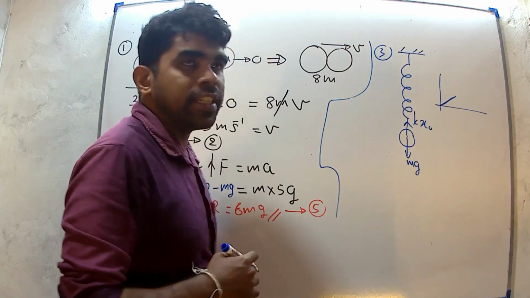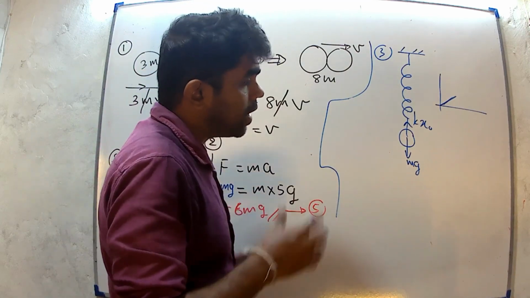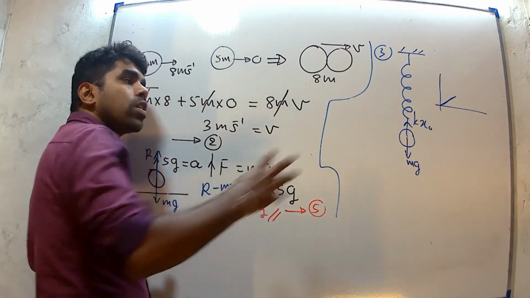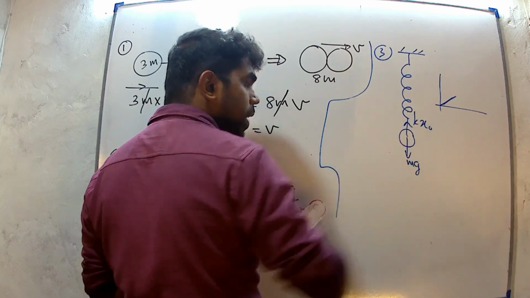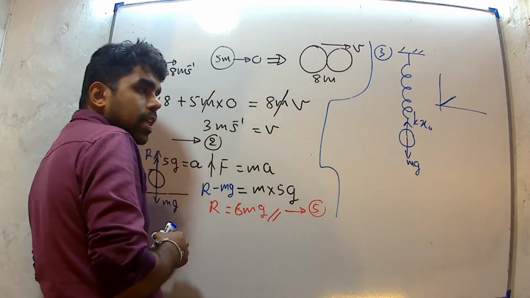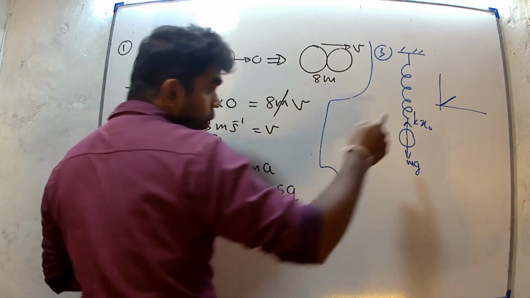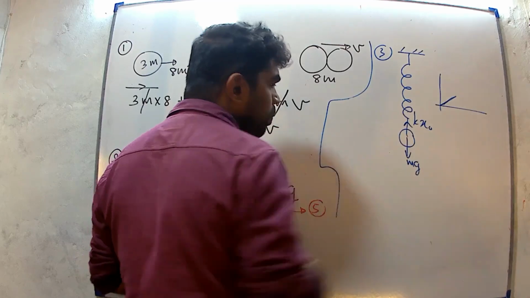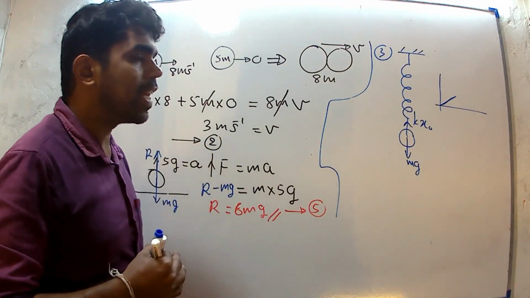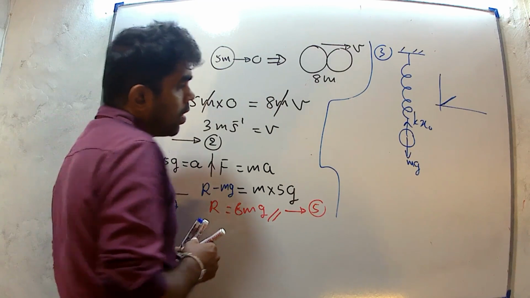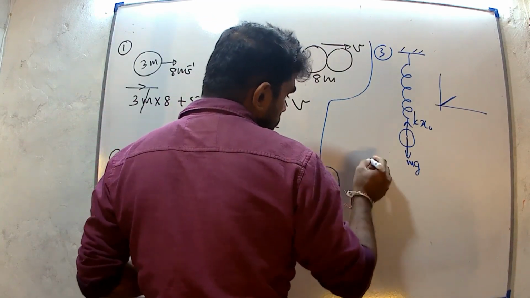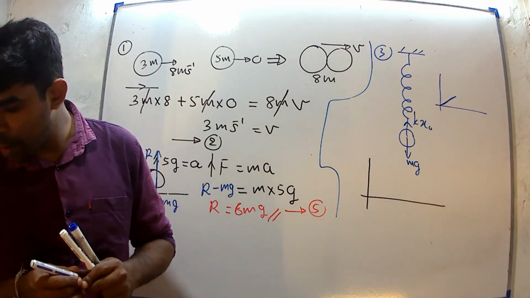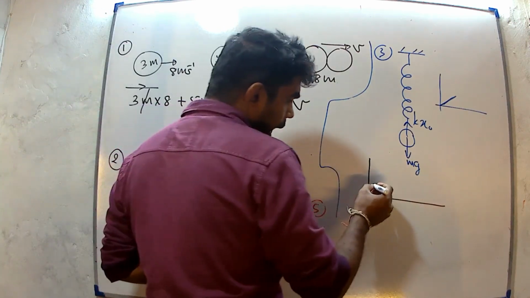When accelerating the system in downward direction, there is a resultant force on this object in downward direction. Therefore, mg is constant. We have to consider this extension should be less than x naught, and it is a constant value.